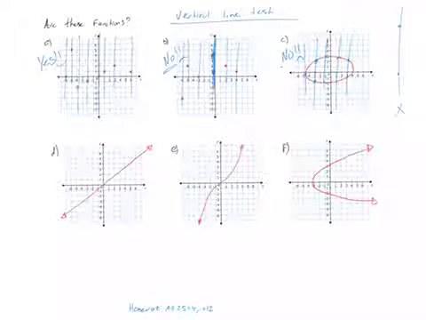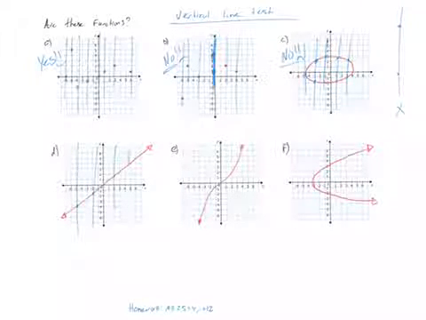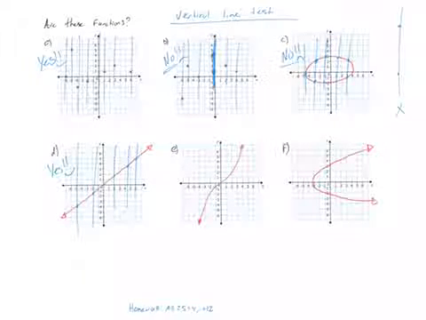So let's kind of apply that same principle here. What if I start drawing vertical lines here? Notice that line only touches there. Only touches here, only touches here, only touches here, only touches there. So no matter what vertical line I draw, it only touches at one place. So then I would say yes. Happy face. What about this one?